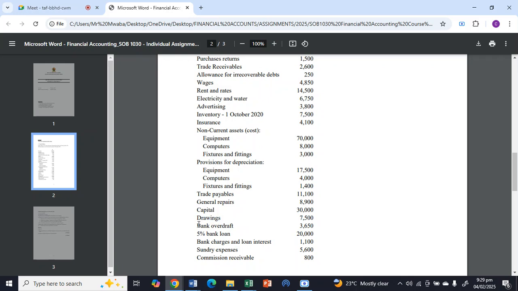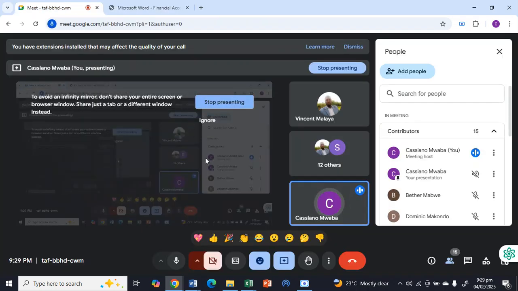Add for personal use. Okay. That's why a lot of entrepreneurs don't succeed, because of drawings. You make your first 50,000, you want to pay yourself. Drawings. As a sole trader, you and the business are one, right? You're not separate.